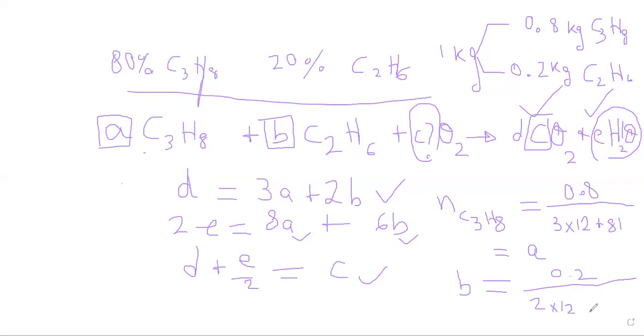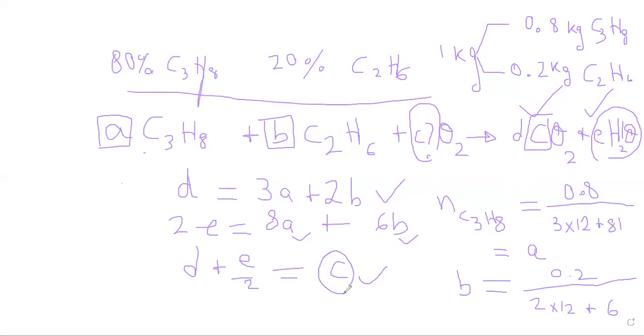So this is the first method, which is to write the general equation and relate coefficients. Once you get A and B from this analysis, you can replace them to get D, E, and C. And C represents the number of kilomole of O2. You divide by 0.21, and you get the number of kilomole of air required for stoichiometric combustion.